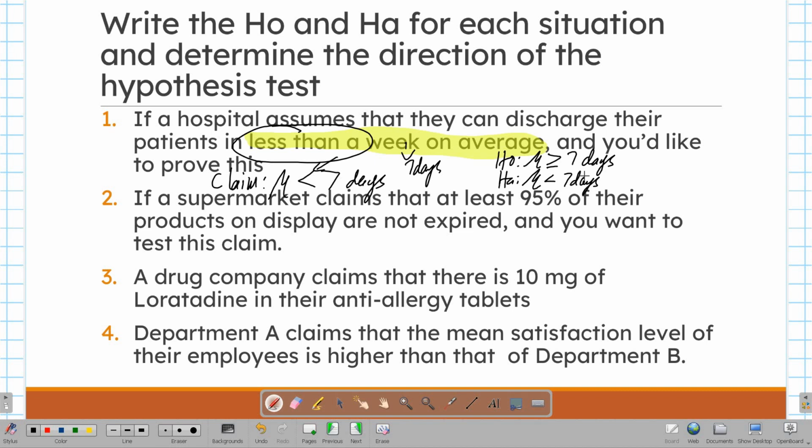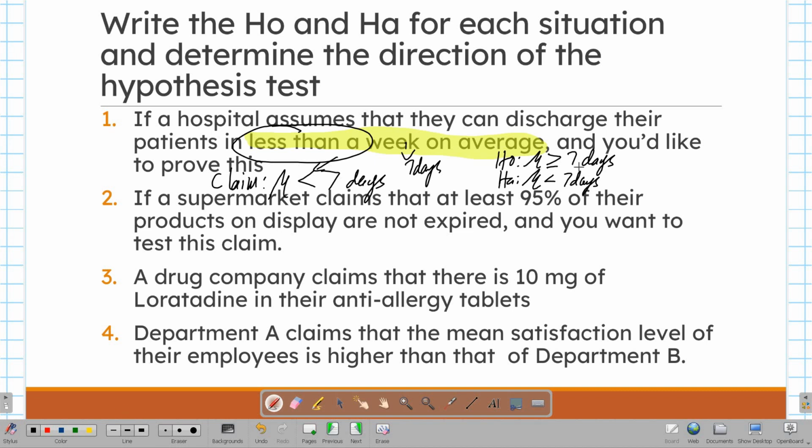So, how do we write again our H0 or HA? First, identify the claim in the problem. Then, based on the claim, write mathematically whether it involves an equality or not. If it involves equality, that's H0. If it does not, then it's HA. Before you do that, we also need to determine the direction.